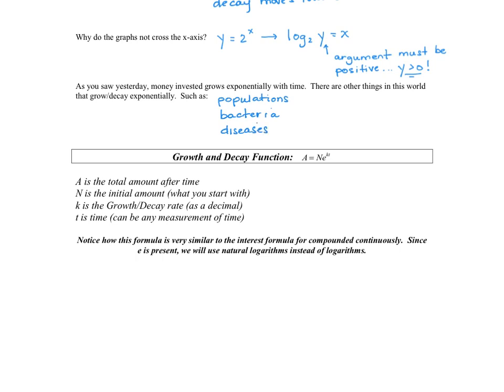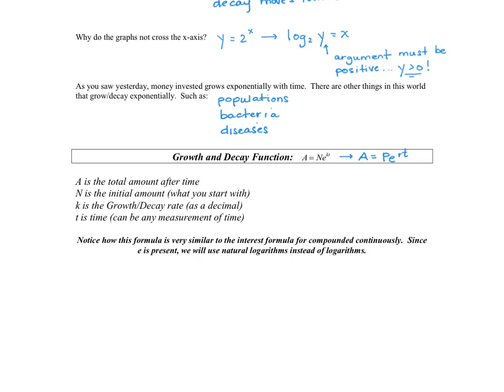Very similar to your interest formula for compounding continuously, the growth and decay function is A equals N e raised to the power of k times t, where we see that e again. It looks very similar to your Pert formula, P e raised to the power of r times t.